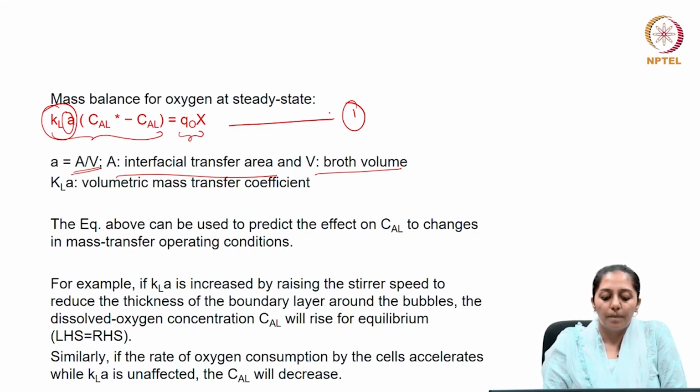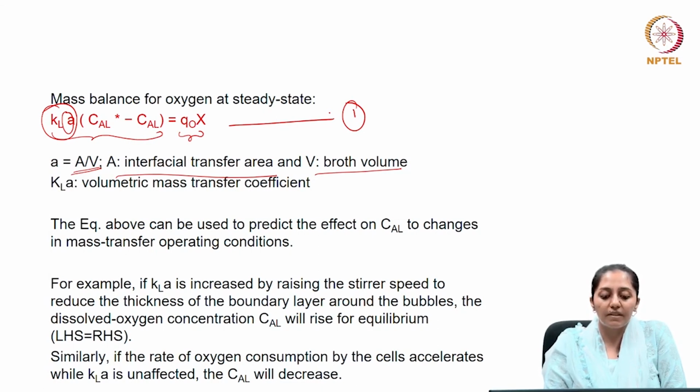For example, if KLa is increased by raising the stirrer speed to reduce the thickness of the boundary layer around the bubbles, which means the resistance is reduced and therefore the mass transfer coefficient improves, if you remember the two film theory, the dissolved oxygen concentration will then rise to maintain the equilibrium.